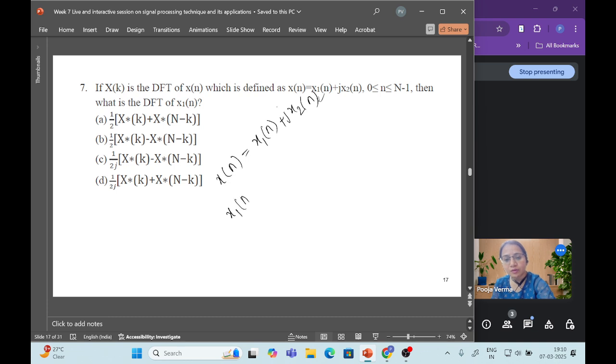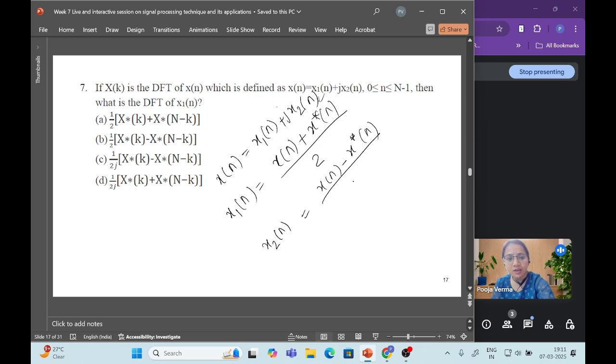Already we know x1 of n is x of n plus x conjugate of n divided by 2, and similarly x2 of n is x of n minus x conjugate of n divided by 2j, because of real and imaginary parts. This we have already seen in the first or second lectures.